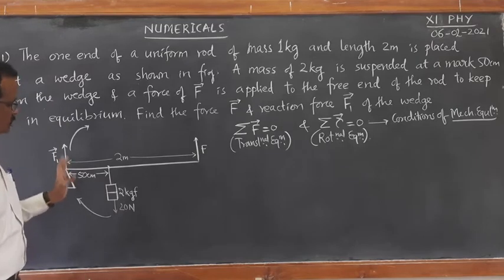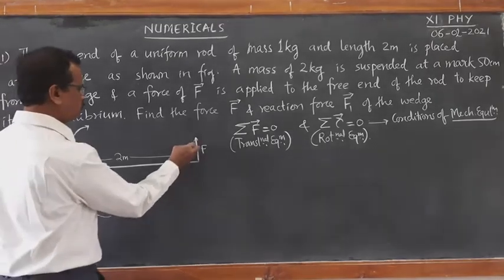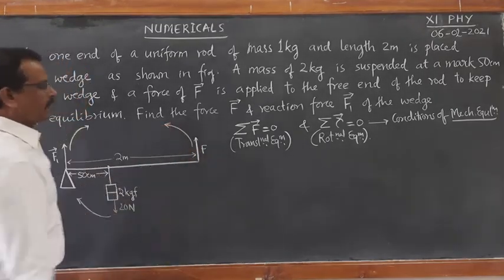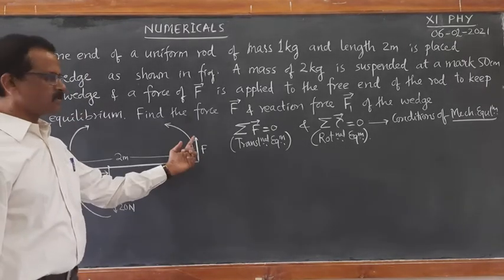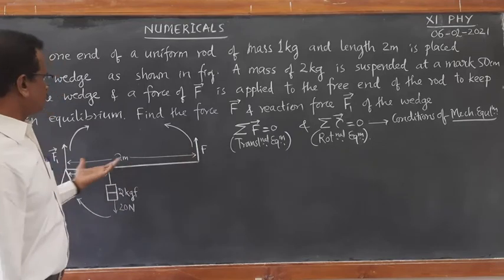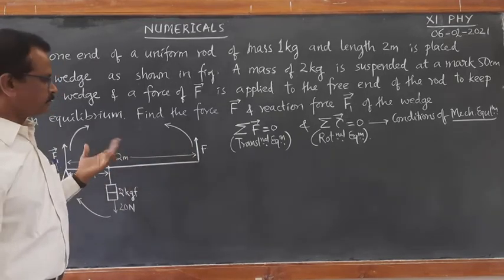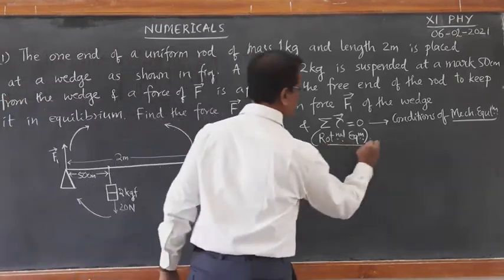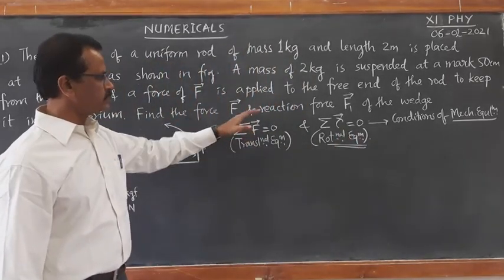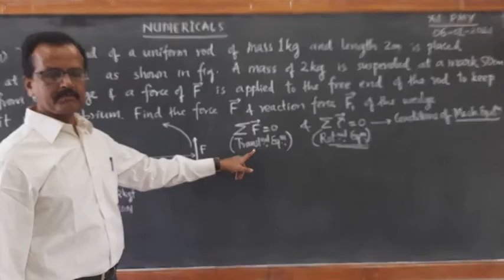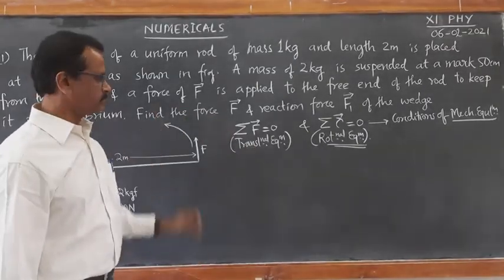So the sum of these clockwise torques must be equal to the anti-clockwise torque exerted by this external force in order to bring it in equilibrium. I am using rotational equilibrium first, and later on to find the actual forces we will use the condition of translational equilibrium.